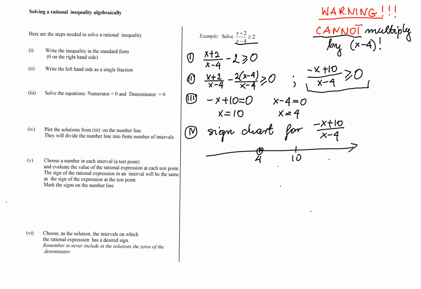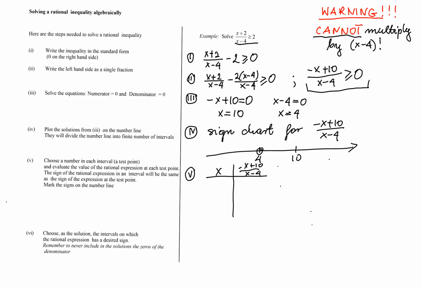And in step 5, we'll determine the sign of that expression by making a table and using a test point in each of the intervals obtained by plotting points 4 and 10 and computing the value of the expression (-x + 10)/(x - 4).